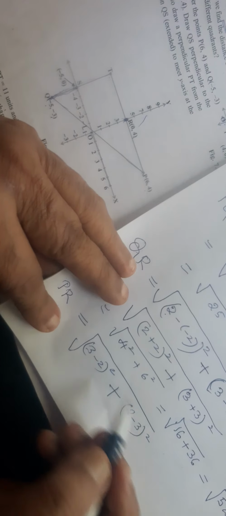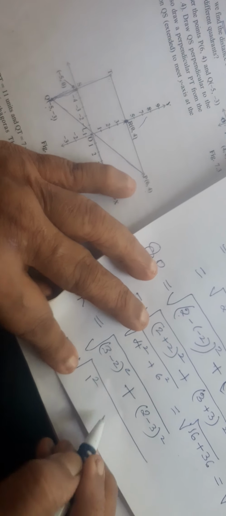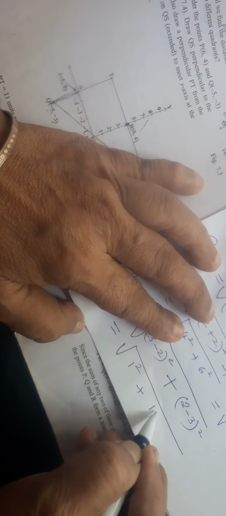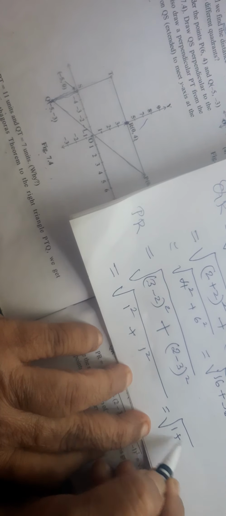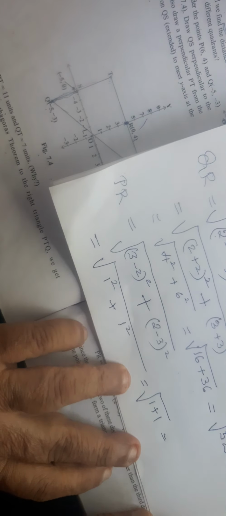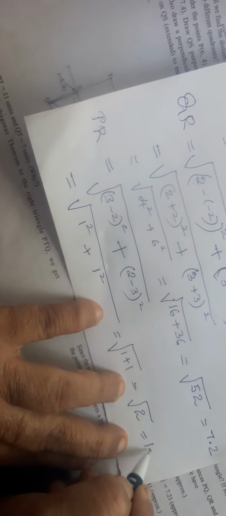Now let's see. This is equal to square root of 1 squared plus 1 squared, which is equal to square root of 1 plus 1, which is equal to root 2. So root 2 is equal to 1.41 in your textbook.